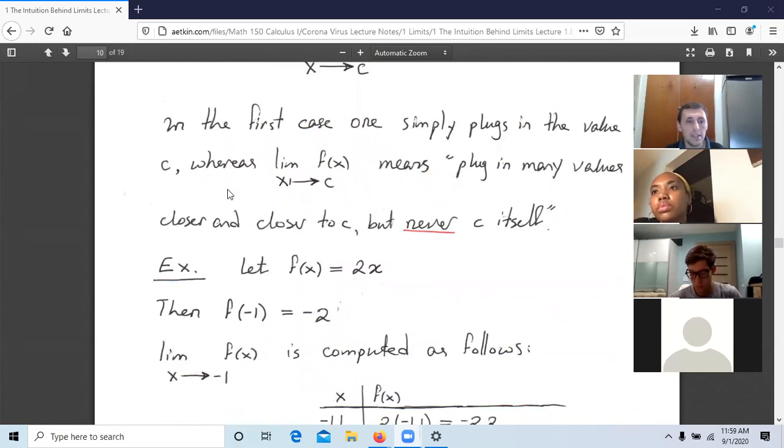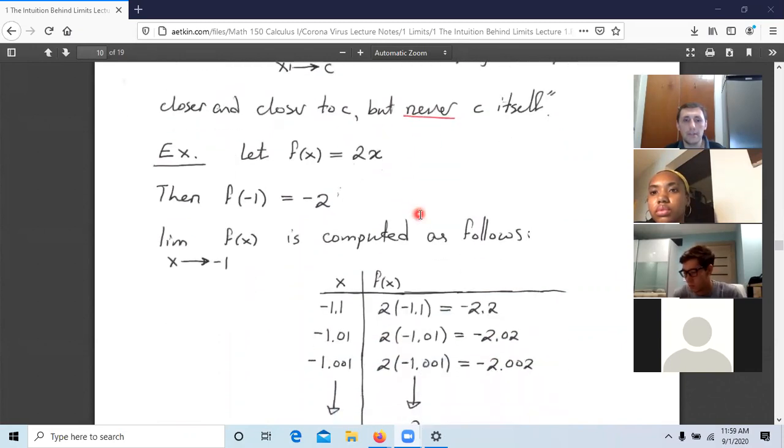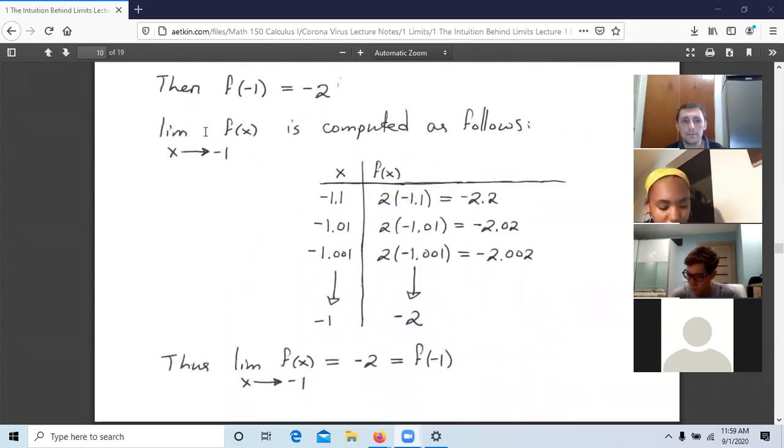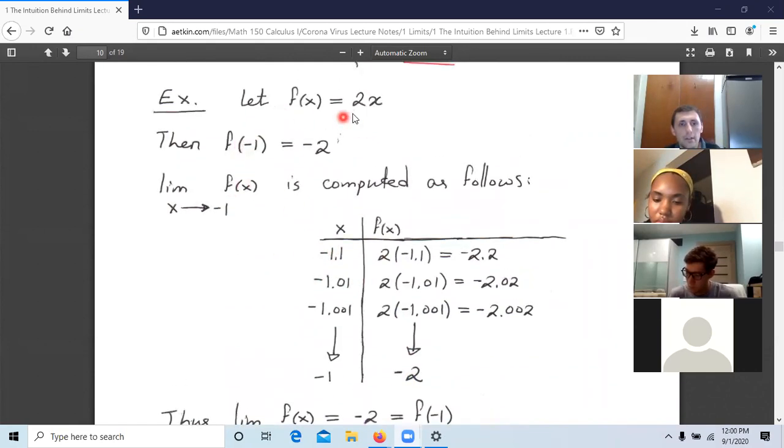It's approaching c, or trying to approach. Here is what we have. If the function is 2 times x, the function multiplies the number you put in by 2. If I put in -1, I just get -2. What do I do if I ask for the limit as x goes to -1 of this function? I select a sequence of approximations.